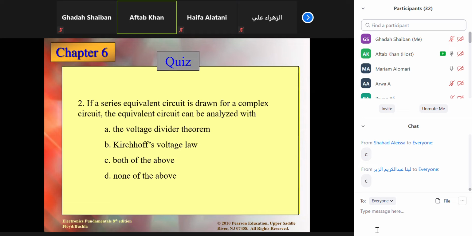okay, yeah, series, yes, so you can apply voltage divider and you can also apply Kirchhoff's voltage law.